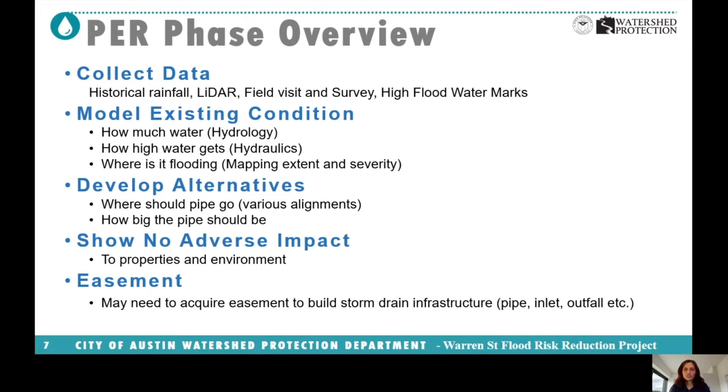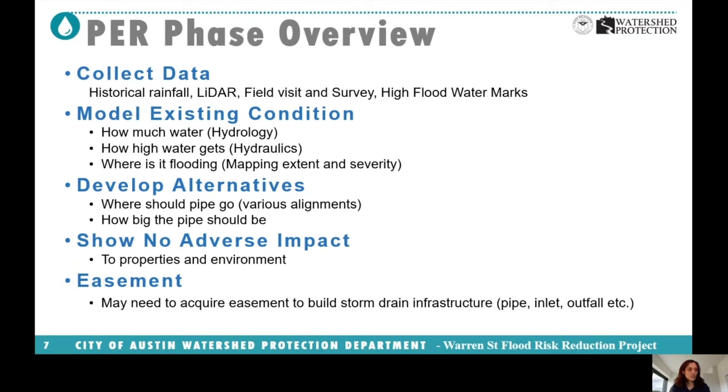More often, we try to have this infrastructure within the right-of-way or within the existing easements that we have. However, sometimes that doesn't remain the most feasible option, and we may need to acquire more easement to build our infrastructure.